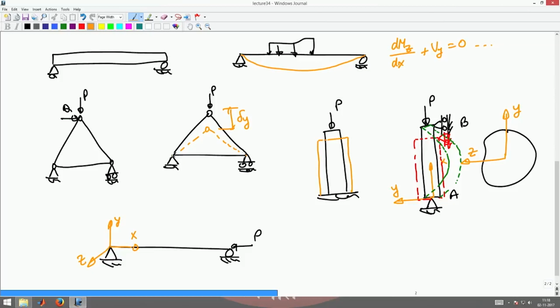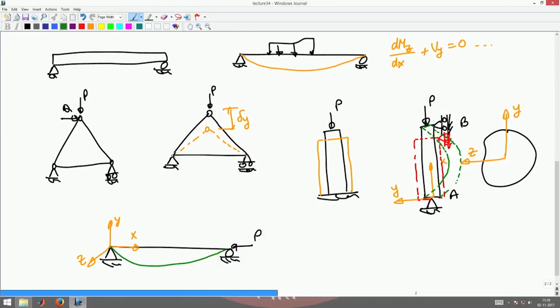Now, the question we are asking is, is a deformation of the form like this possible?